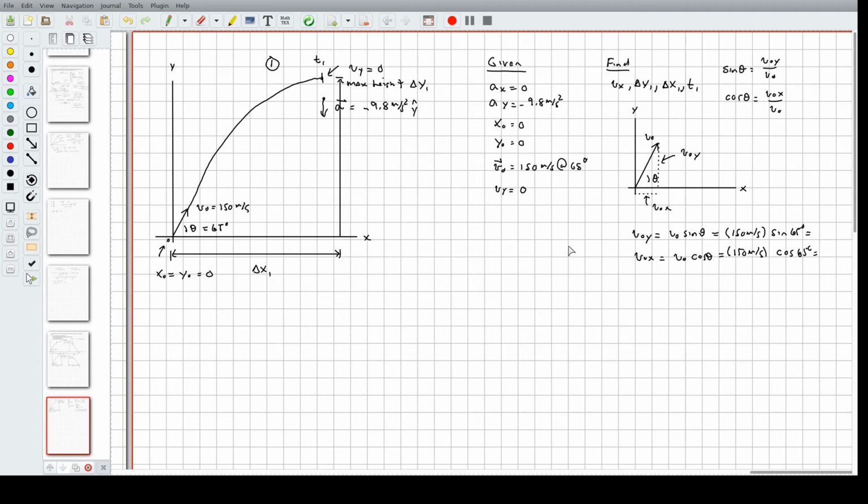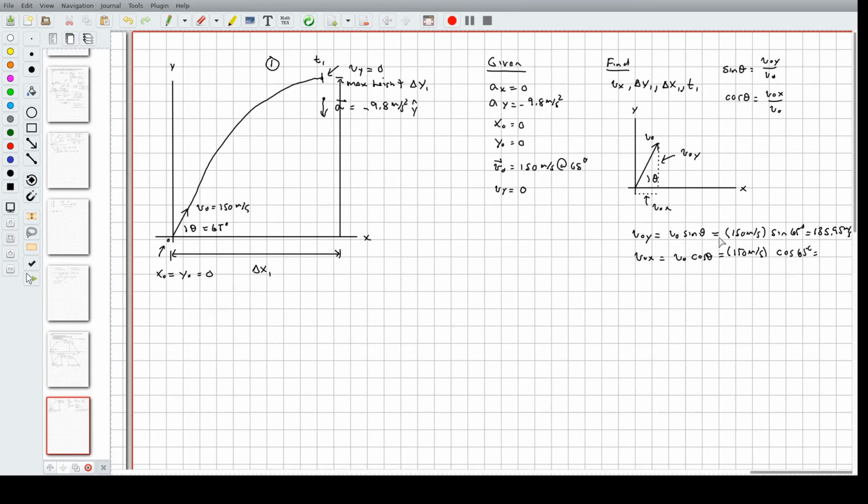One second. 150 times sine of 65. That's going to be 135.94 over 95, 135.95 meters per second.